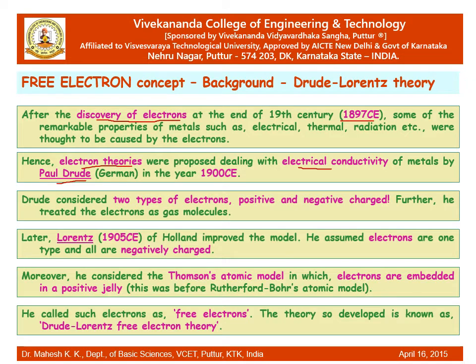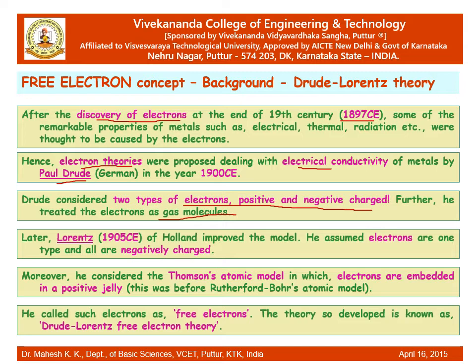He first said that electrical conductivity is basically due to the electrons, but he considered electrons could be positively and negatively charged. Interesting, isn't it? Further, he treated the electrons as gas molecules. These are the assumptions, some of the theories that were developed.